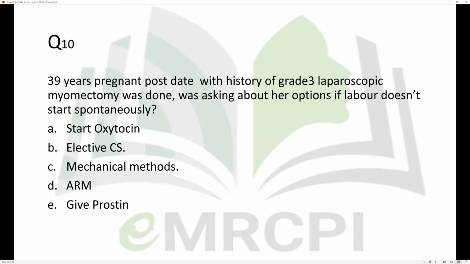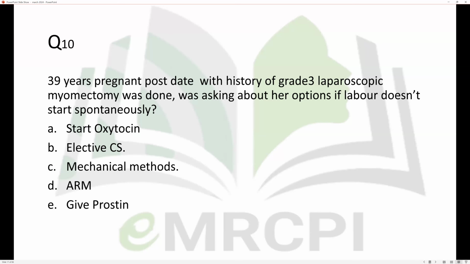Is it possible to induce her? Yes, I can induce her, of course, with the same principles as the NICE guideline. She can be induced using mechanical methods, right? Yes, I can induce using the mechanical methods.